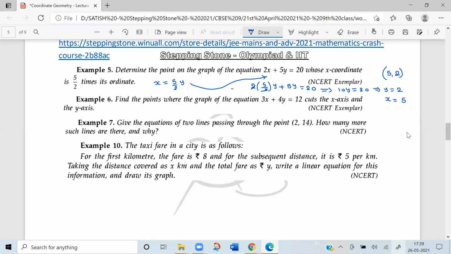Next, find the points where the graph of the equation cuts the x-axis and the y-axis. Now, when you want to calculate where the graph of the equation cuts the x-axis, what should I substitute in this equation? On the x-axis, which coordinate is 0?